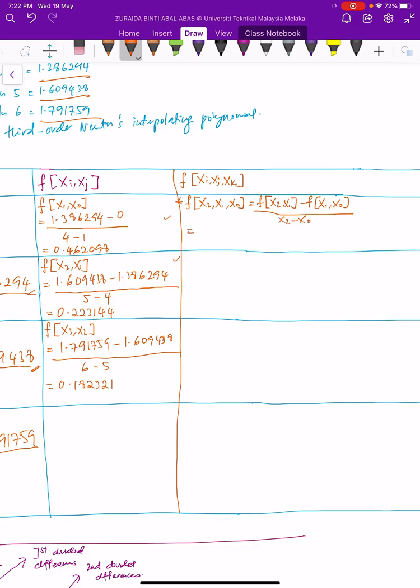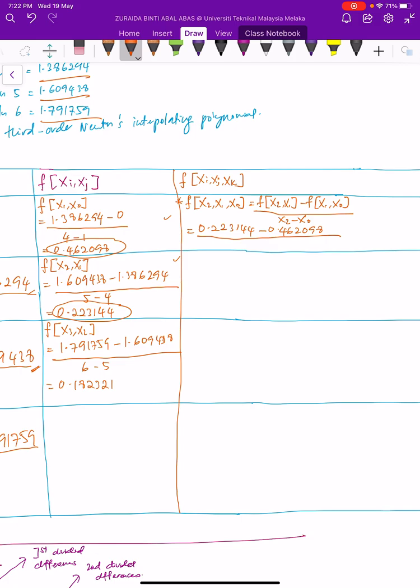So f[x2, x1] is 0.223144 minus f[x1, x0], which is 0.462098, divided by x2 minus x0.